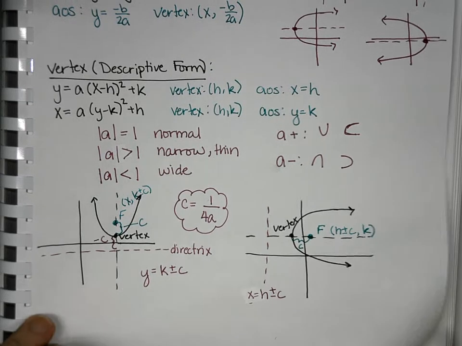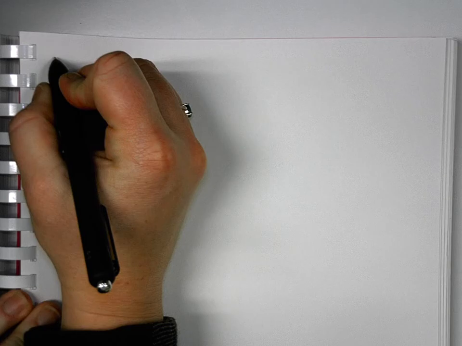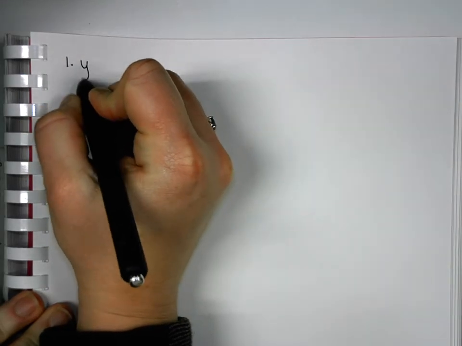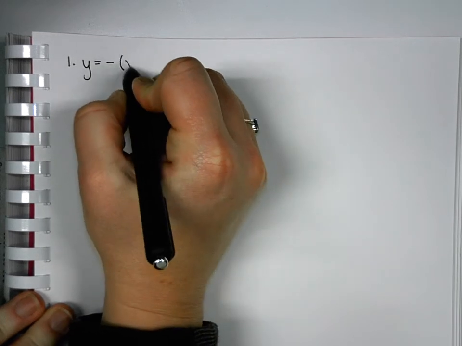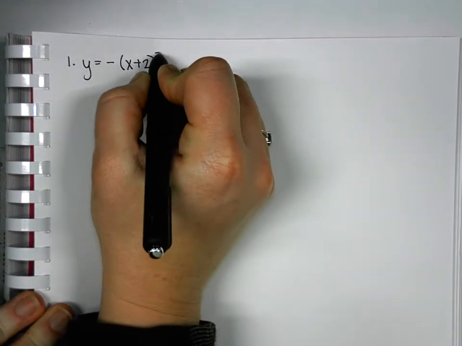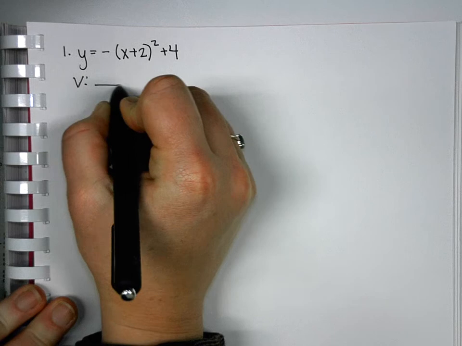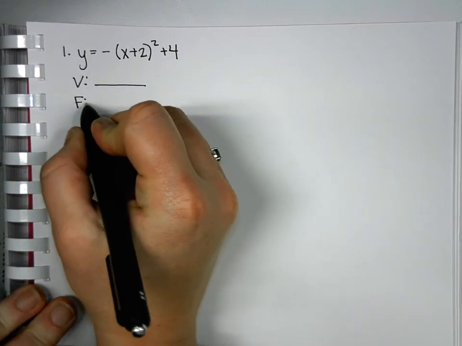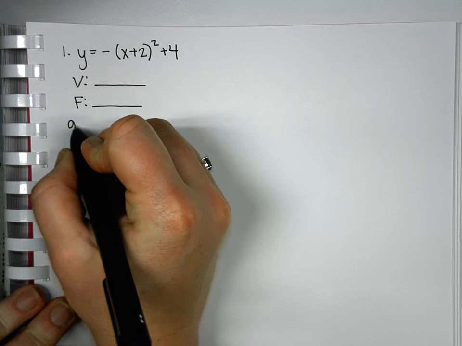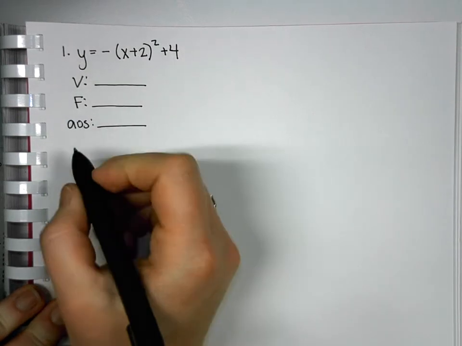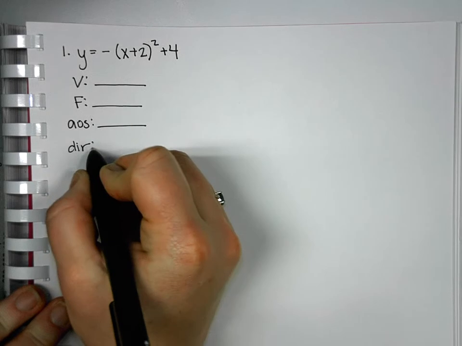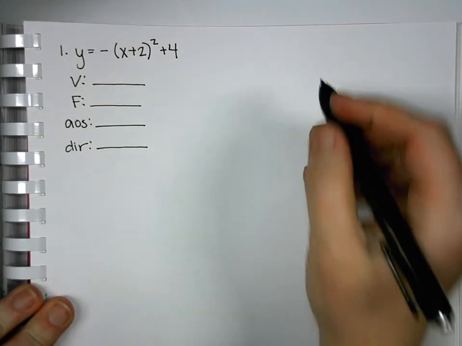So, let's start with y equals negative (x plus 2) squared plus 4. So we have to identify the vertex, the focus, the axis of symmetry, and the directrix. I just abbreviate that DIR. As well as sketch our graph.